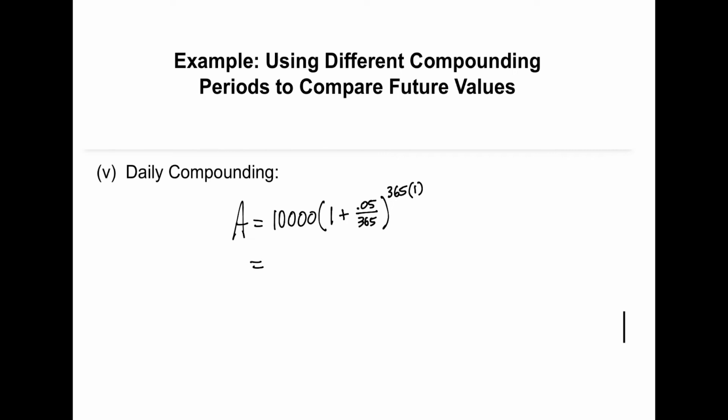What difference does this make? And we see that indeed it does still raise it. Now we're at $10,512.67. So going from monthly to daily made a difference of a little more than $1, which, what if we were talking about $100,000 here? That could mean a significant difference.